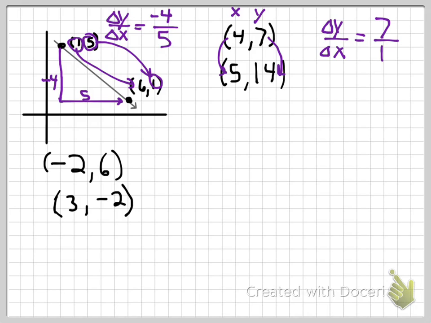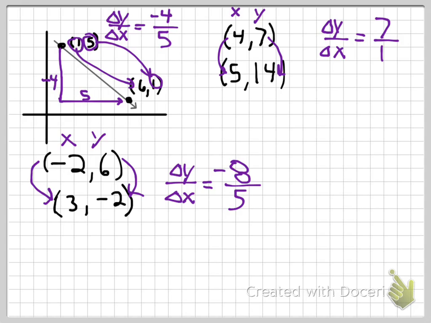I could say that my slope is 7 over 1, or just 7. We come down to the next one. We have x and y again. I went from 6 to -2. So my change in y was -8 because it got 8 smaller. My change in x, I went from -2 to 3, increased 5, so my slope is -8/5.